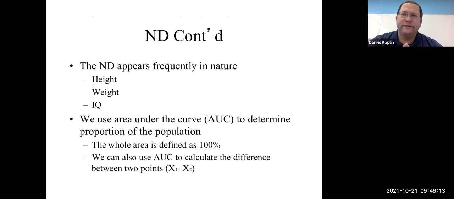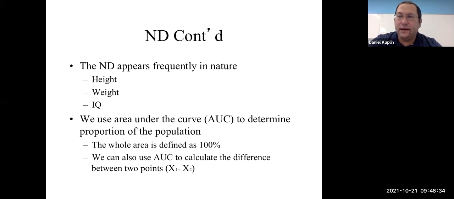So when we ask ourselves, well, I know the normal distribution in principle, but what kind of examples could I provide of a normal distribution? Well, all naturally occurring phenomena approximate a normal distribution.